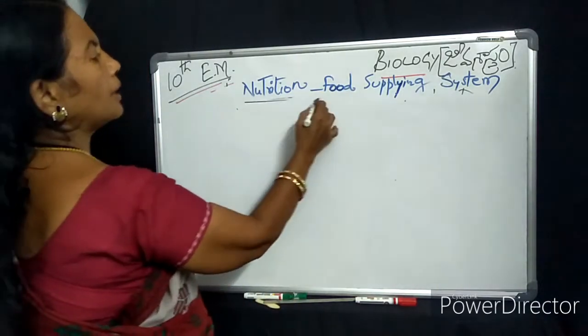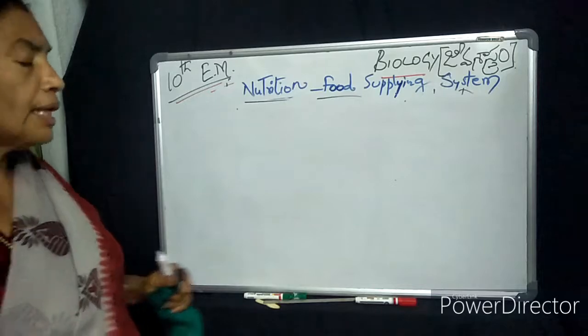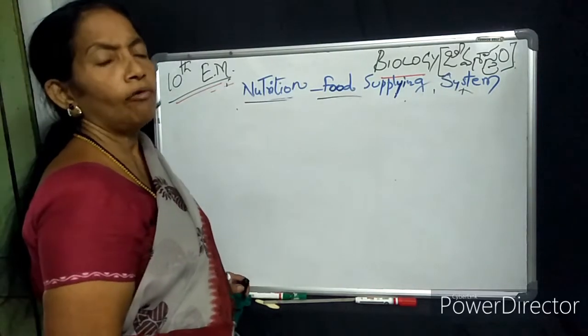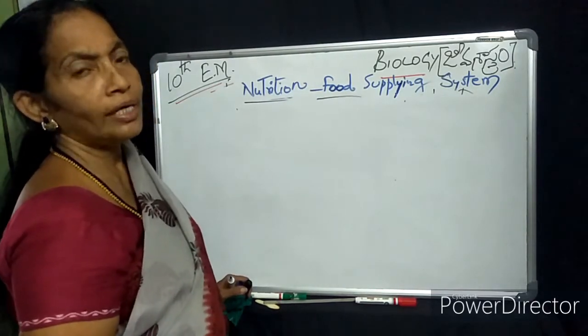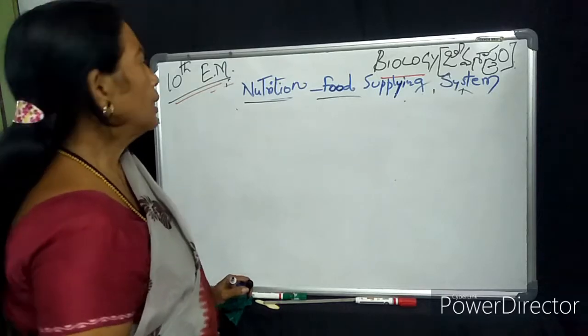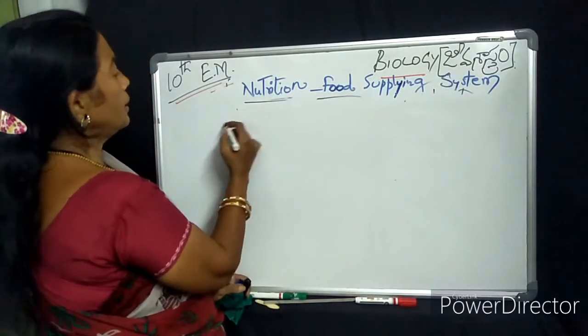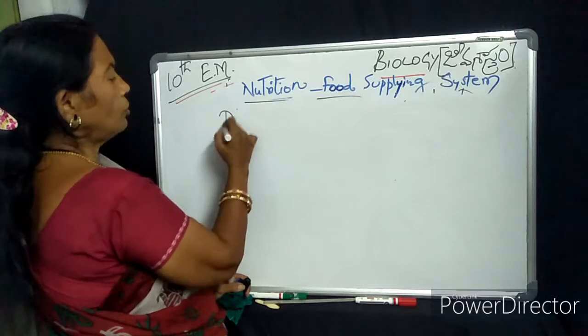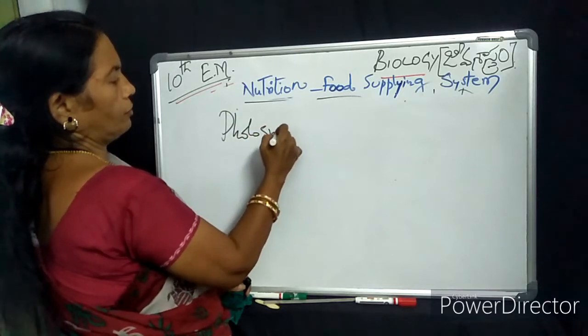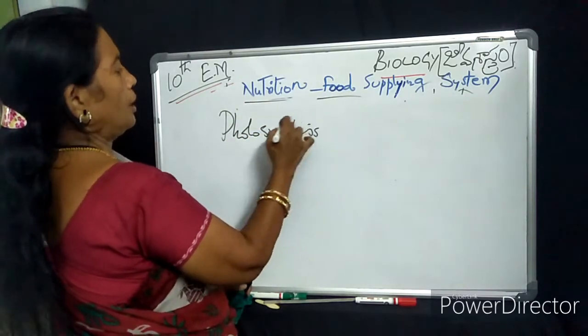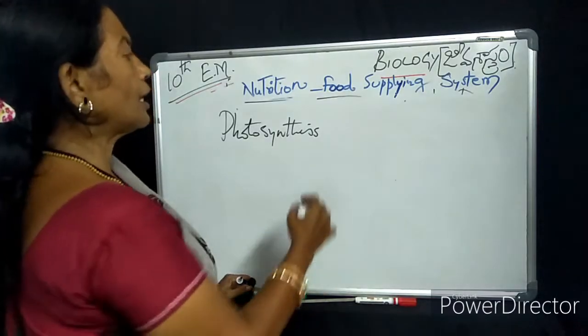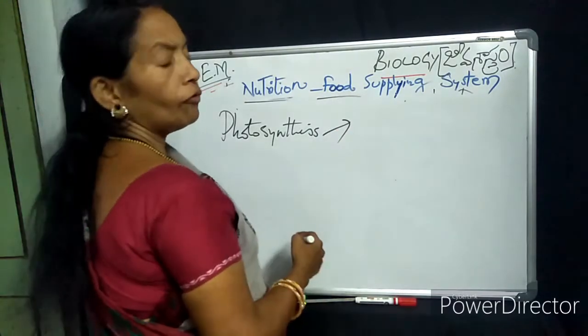So how do green plants prepare their food in their bodies itself? That synthesis is called photosynthesis. In photosynthesis, what happens? Four factors.